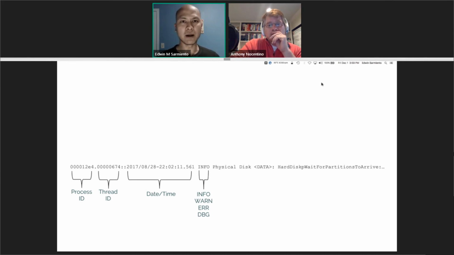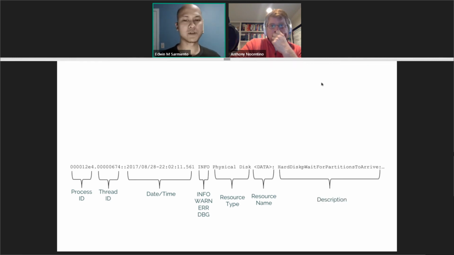A DBG is a debug event output, which is not available by default unless you turn on verbose logging. The next one would be the resource type. Is it a physical disk? Is it a virtual network name? Is it the SQL Server engine? The next one is the resource name, how you name that resource in the failover cluster. The last one, of course, is the description.